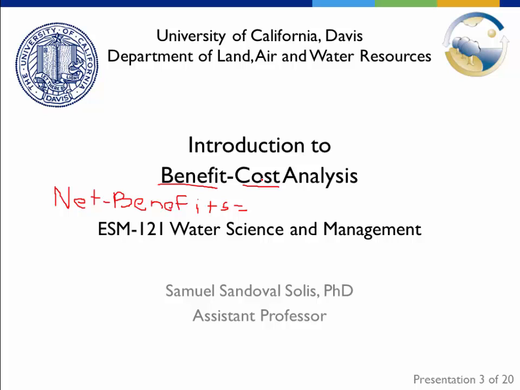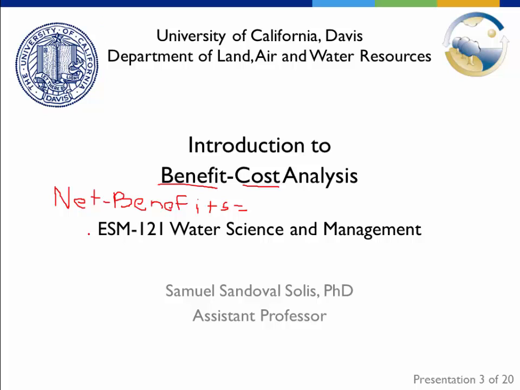So what do you think are the values? If we're analyzing these net benefits, what is the value that the net benefits should have in order to evaluate a specific project as economically feasible? Imagine that you are evaluating a project, and you would like to know if that project is economically feasible.